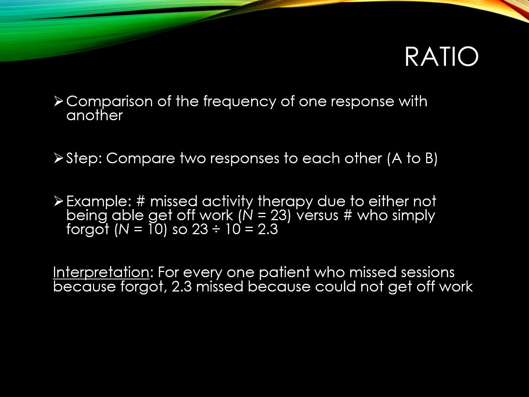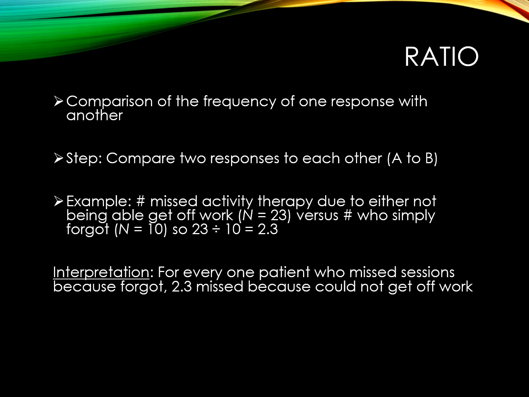The next step in interpreting that data is for every 1 patient who missed sessions because they forgot, 2.3 missed because they could not get off work. So if we look at that again, we had 23 who could not get off work and 10 who forgot. 23 divided by 10 equals 2.3, which makes sense.